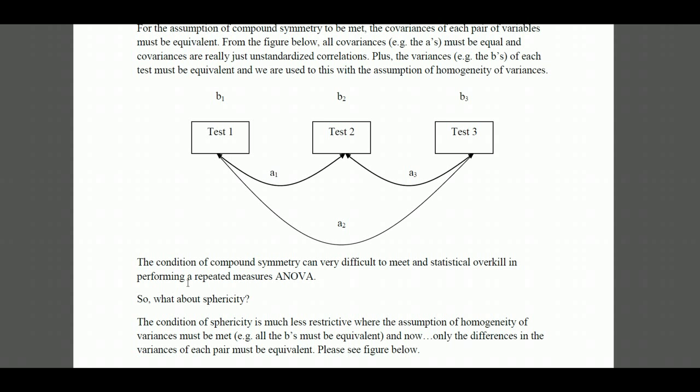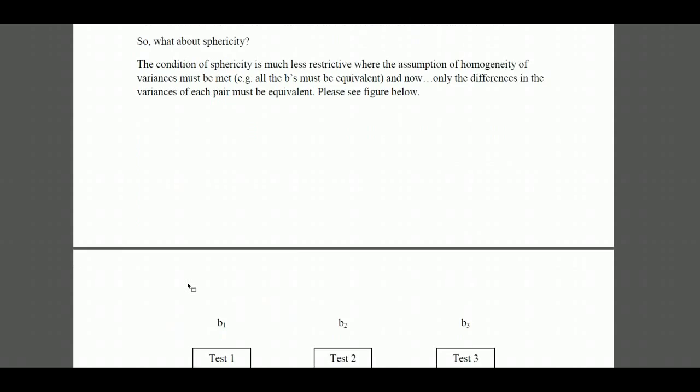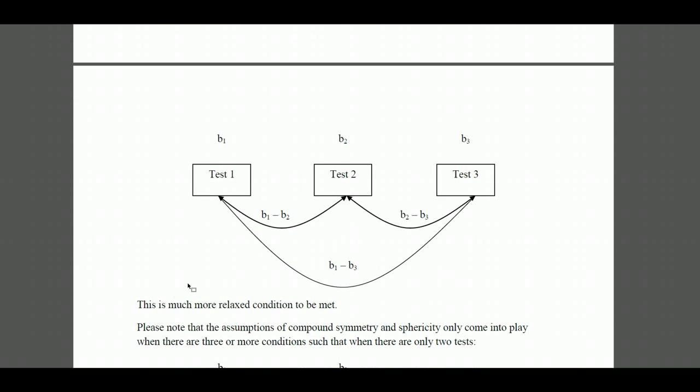So we have the assumption of sphericity as a replacement, which is much less restrictive and requires only that B sub 1 minus B sub 2, or the difference between the variances between test 1 and test 2, and the differences between B2 and B3, and the differences between B sub 1 and B sub 3 are all equivalent.